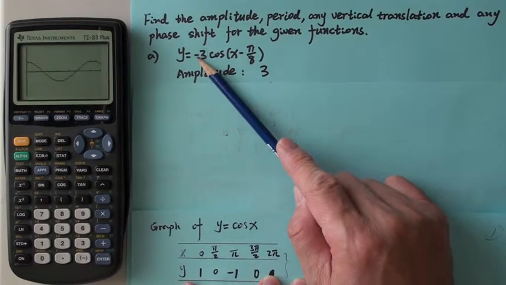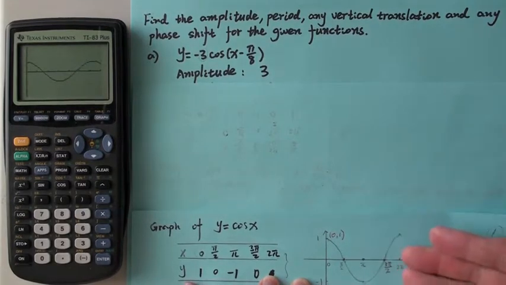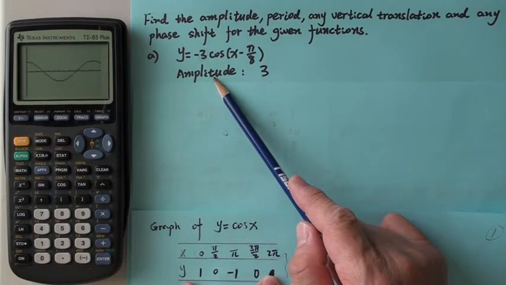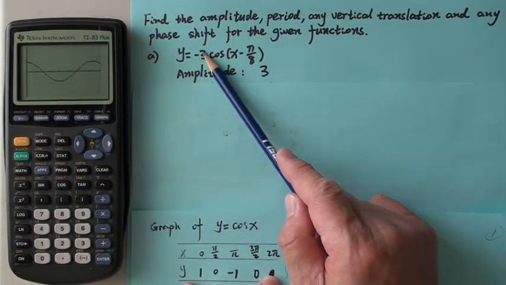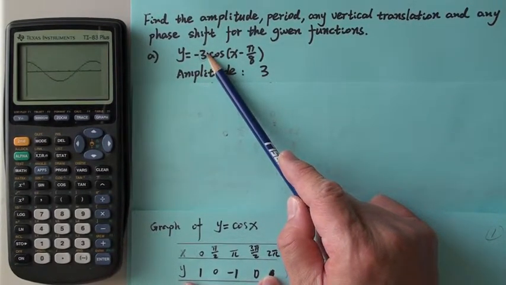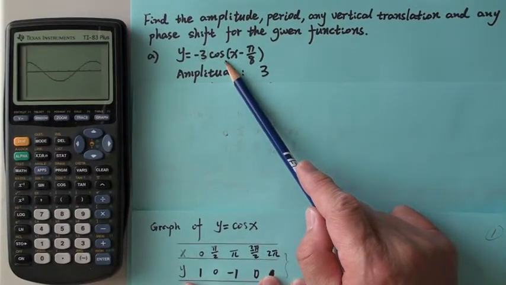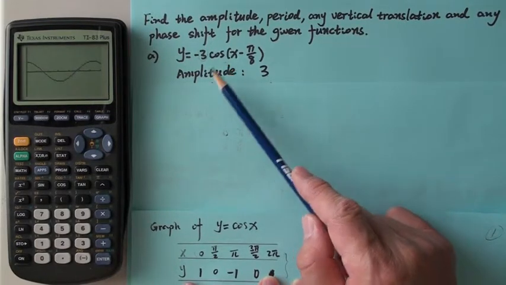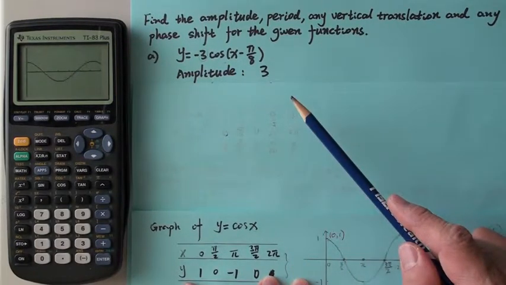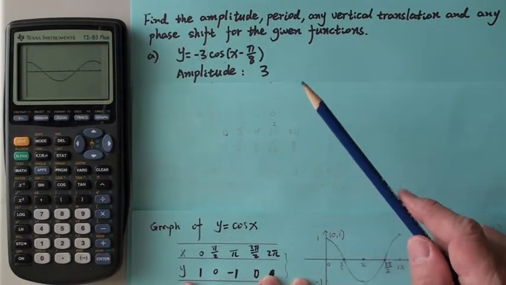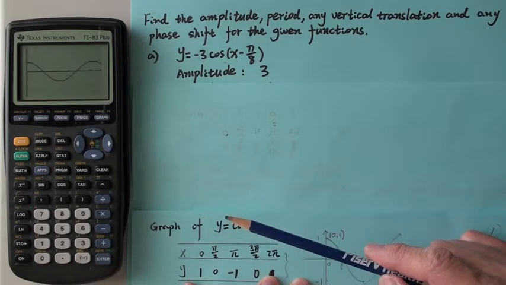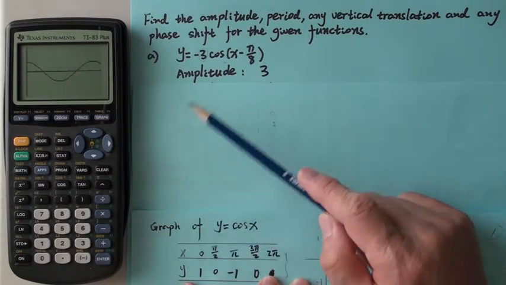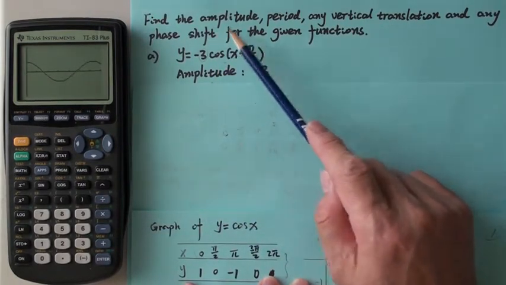The negative sign basically flips the picture. So the amplitude is 3, and this 3 stretches the cosine vertically from -3 to +3. The real range is from -3 to +3, that's 6 units. So we know the amplitude.